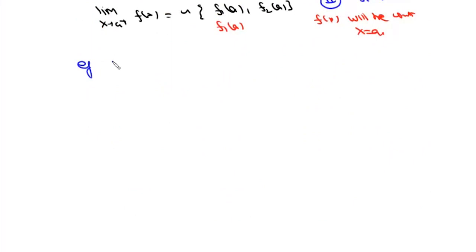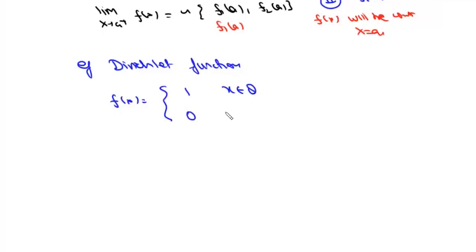Now say for example, we consider Dirichlet function. Now Dirichlet function is defined as 1 when x is rational and it is 0 when x is irrational. Now in this case, this 1 can never be 0.